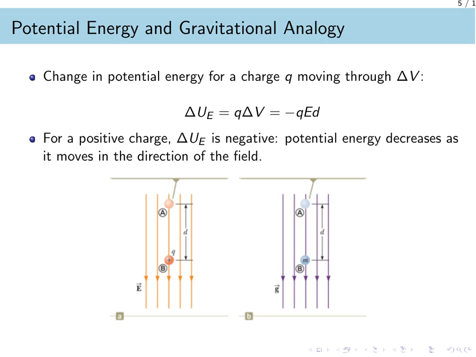For a positive charge moving in the direction of the field, the potential energy decreases, much like a ball falling toward the ground. In both cases, the system naturally tends to move toward a state of lower potential energy, converting that stored energy into kinetic energy as the particle accelerates.